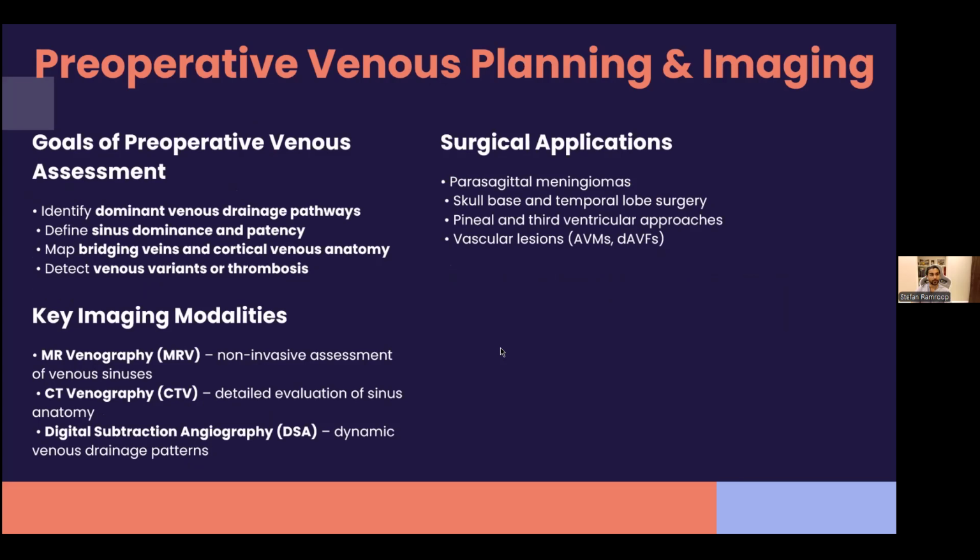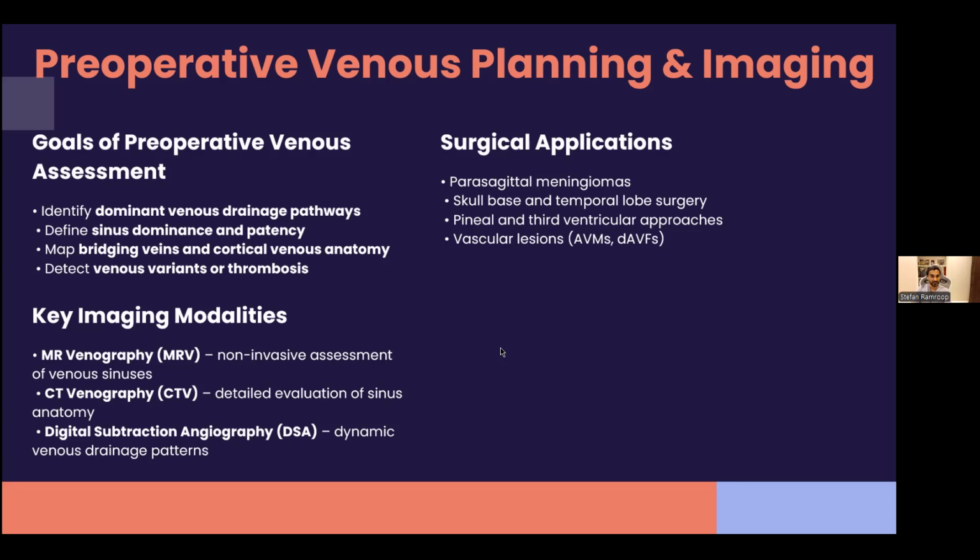Preoperative assessment of the cerebral venous system is an essential component of your planning. The goal would be to identify your dominant venous drainage pathways, evaluate the patency and dominance of dural sinuses, and map the location of major cortical and bridging veins. MR venography provides a non-invasive overview of the venous sinuses, while CT venography, on the other hand, offers high spatial resolution of your sinus anatomy.